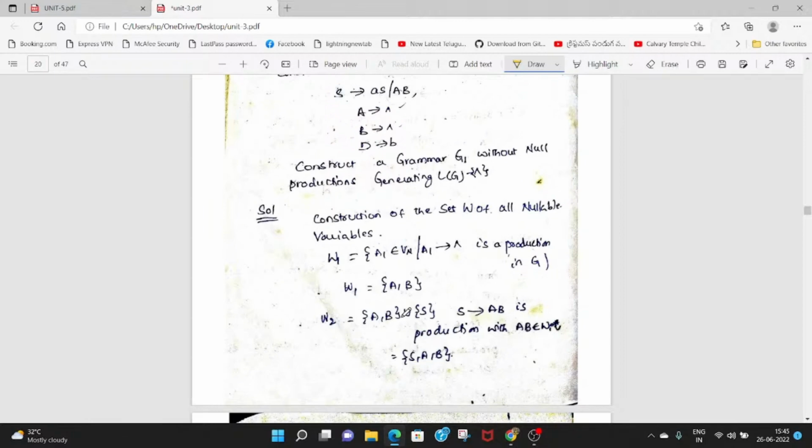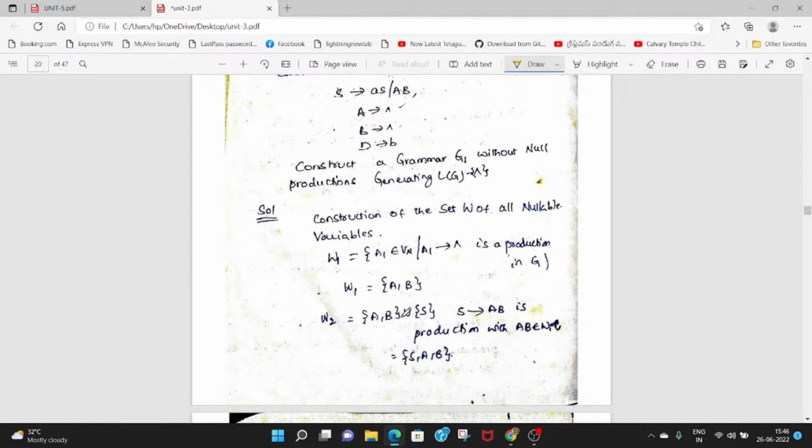There we are including in W1 the variables which directly derive terminals, and that step is changed here. So for eliminating the null productions, we include in W1 the variables which directly derive the null.